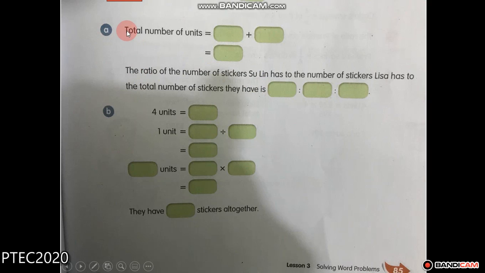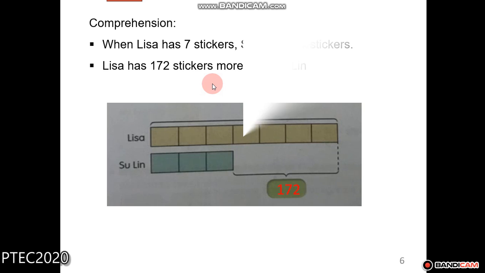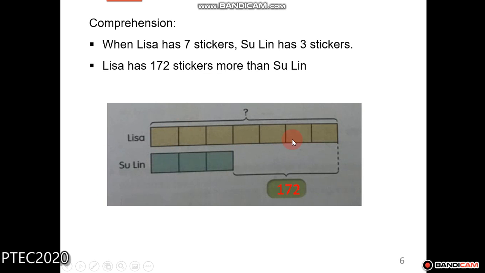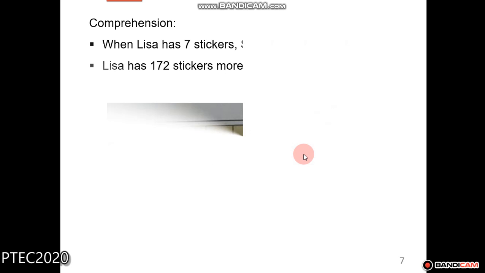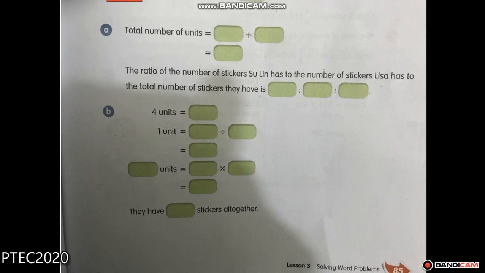But let's see what the total is that you need. If you look back at the previous slide, you will see that Lisa has 7 and Sulin has 3 units. So totally we have to add them together. The total unit is obtained by 7 plus 3, which is 10.